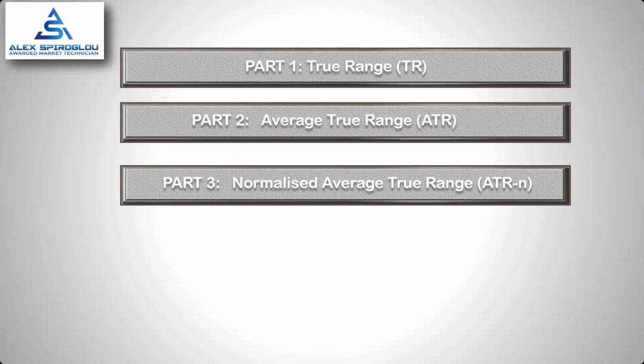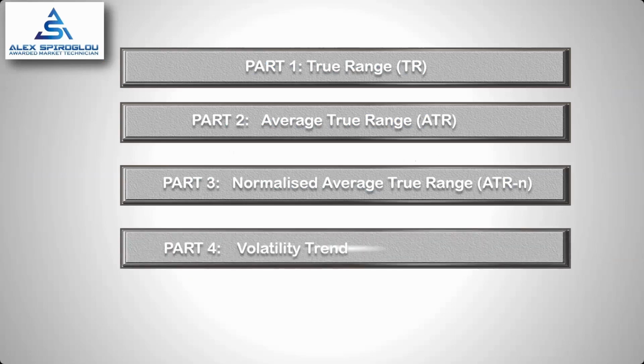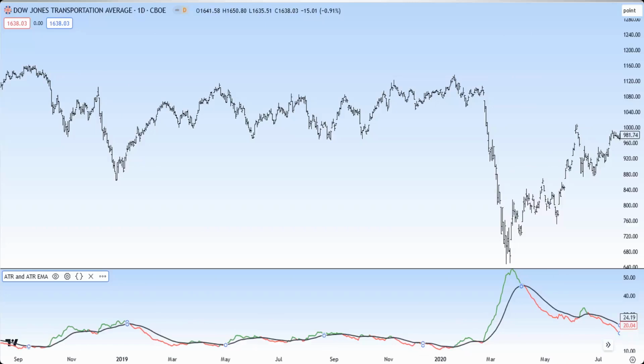All right, so let's see first of all what the trend of the volatility is. Again, a very simple way to see this. Now we've got a chart here, the Dow Jones Transportation Average, and on the bottom panel I've got the average true range, not normalized, but you can use the normalized one as well.